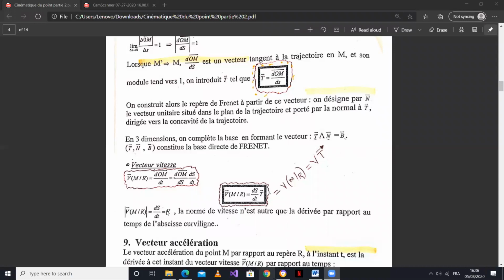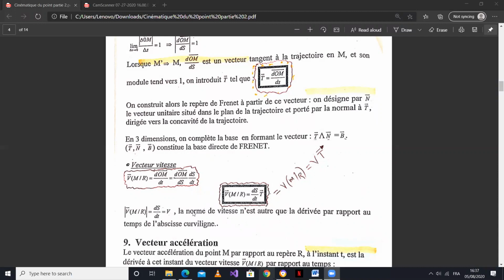And the magnitude of the velocity is equal to ds over dt because the velocity itself, the vector Vitesse, is equal to ds over dt suivant le vecteur tangente t. So when you introduce magnitude of the vector Vitesse, the t is going to disappear because its magnitude is equal to 1, as you guys have told me.